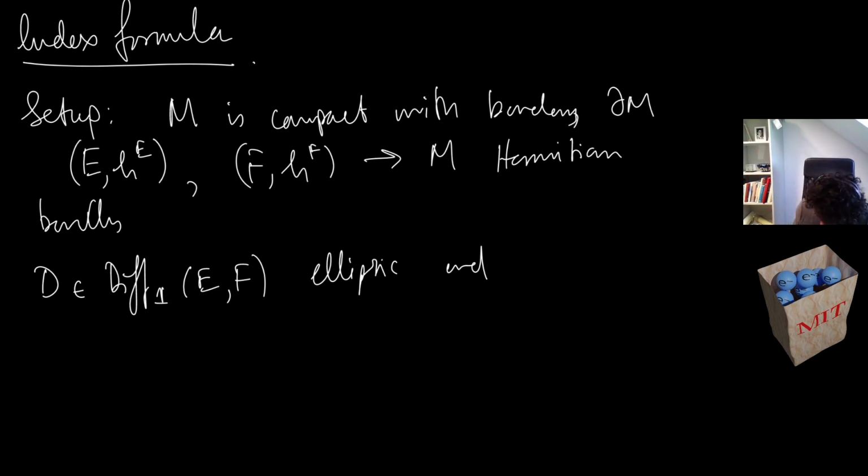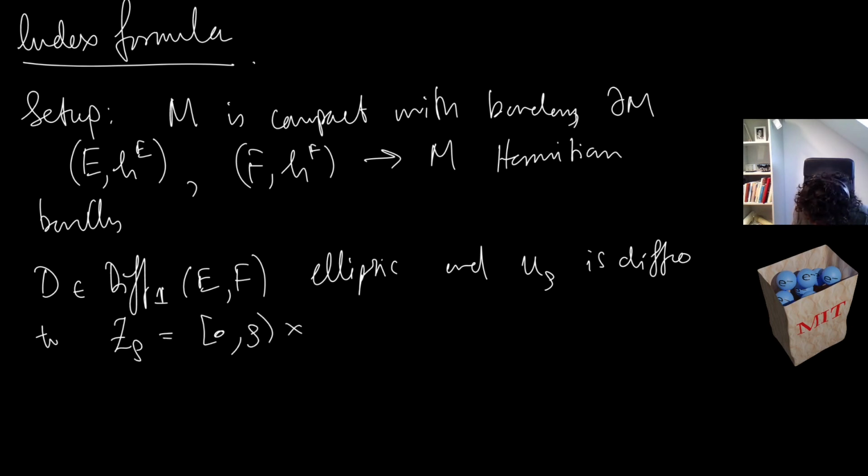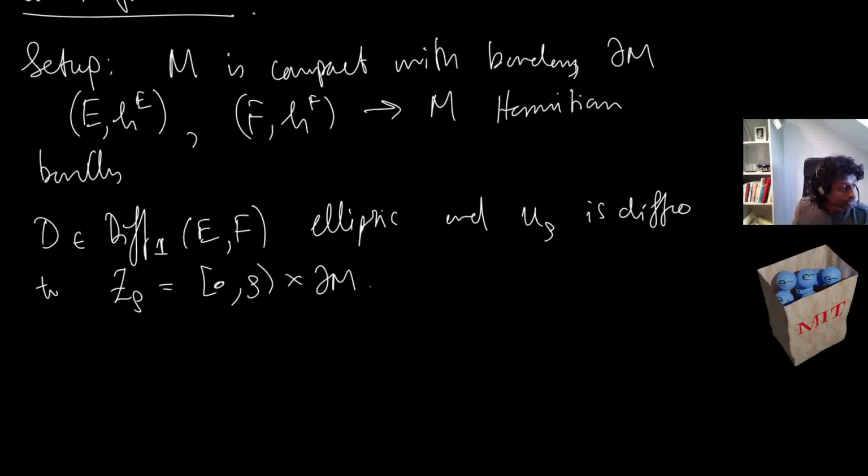And U_rho is diffeomorphic to Z_rho, which we wrote before as (0, rho) cross partial M, such that we want the operator to take a nice form.